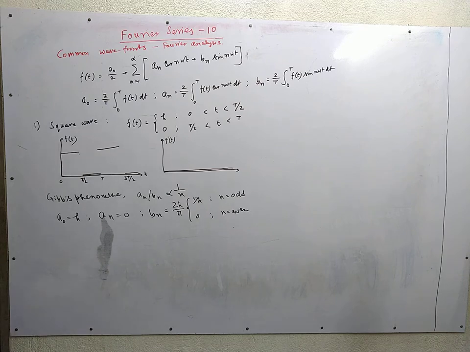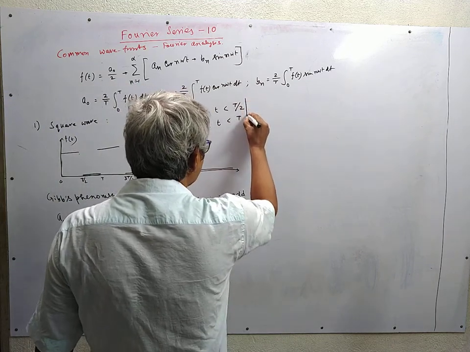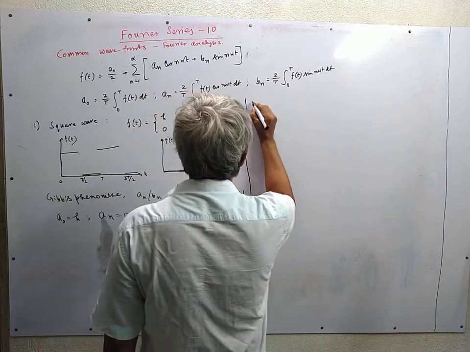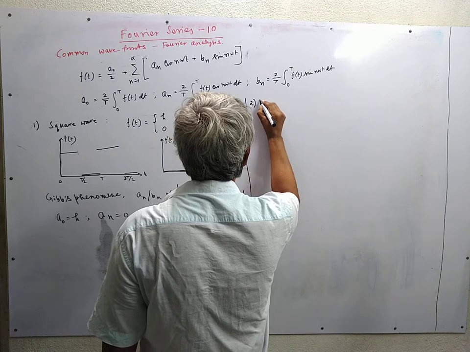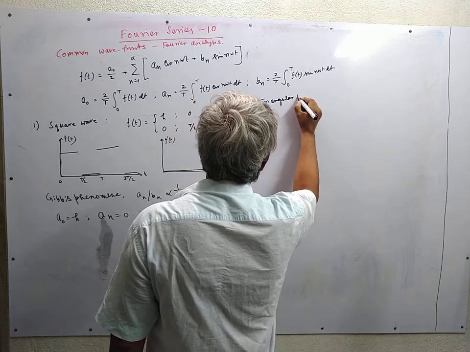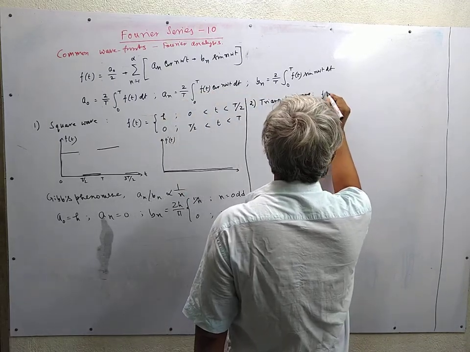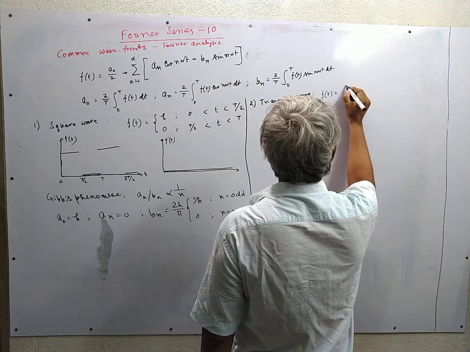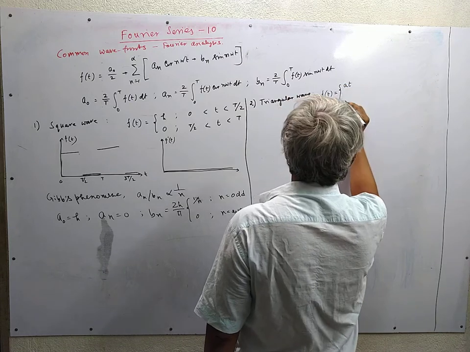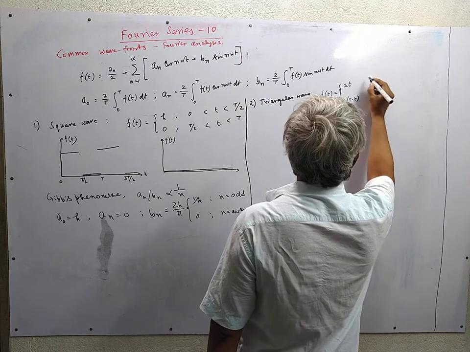As the second example, we shall consider the triangular wave. I am drawing the triangular wave case here so as to make a comparison. The triangular wave is defined as f of t is equal to at in the first half and the second half.